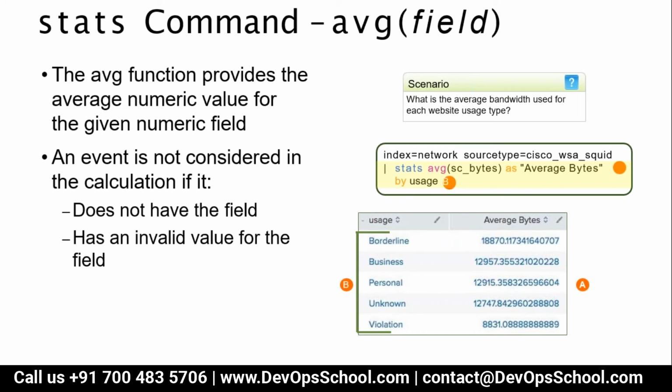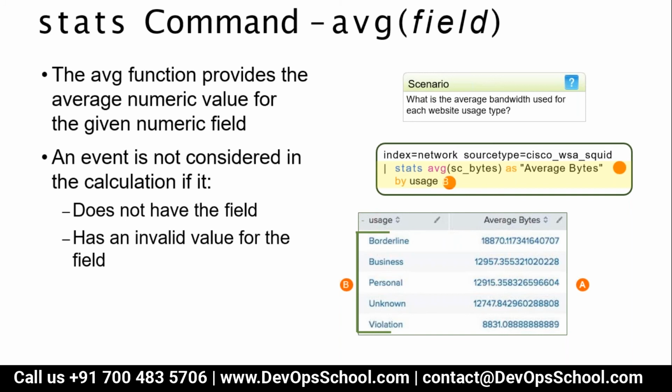Here you can use the average function. The average function provides the average of the numerical values for the given numerical field. Average value, not topmost, not lowest, average value.